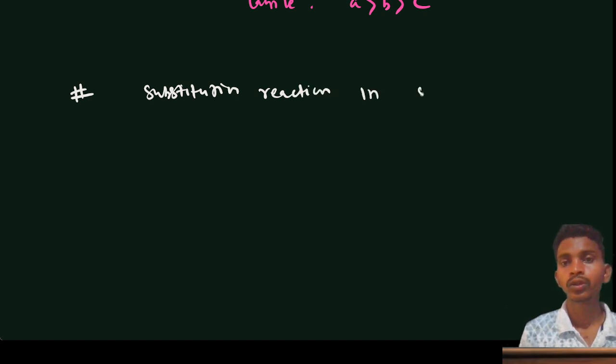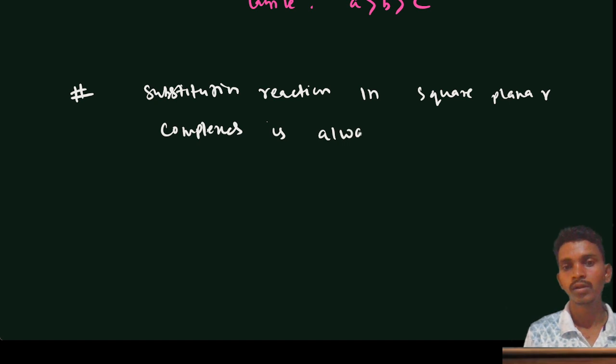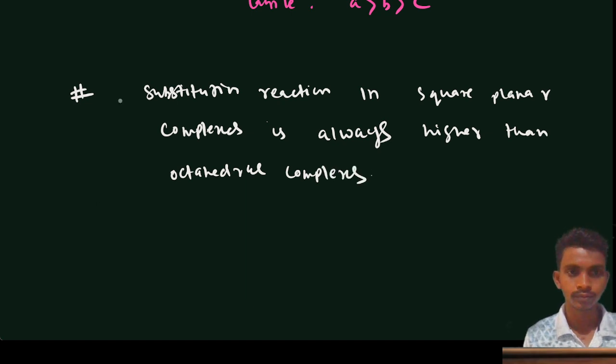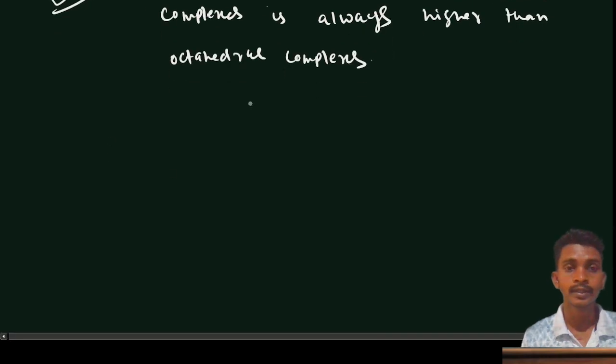Substitution reactions in square planar complexes are always faster than in octahedral complexes. The reason why? Because for square planar complexes there is more space for entry of the new incoming ligands, and for octahedral complexes there will be less space.